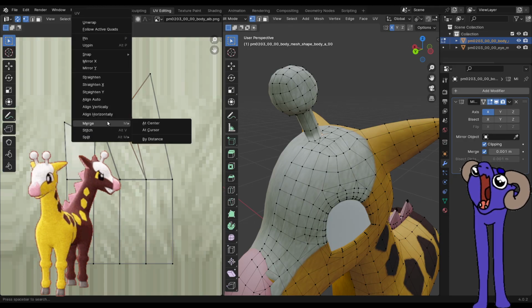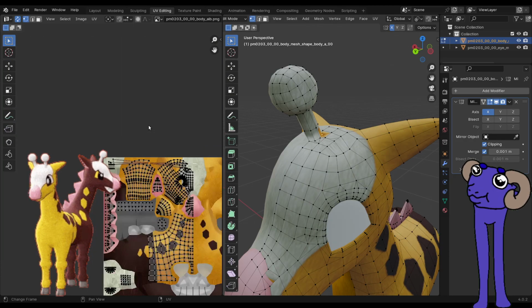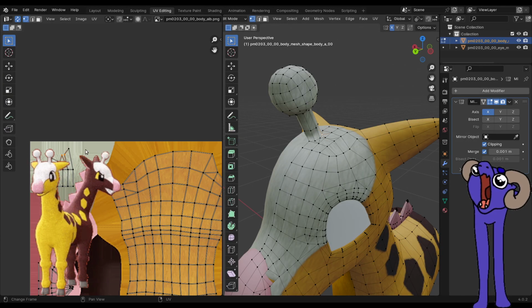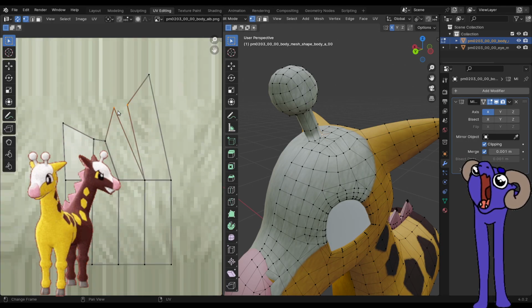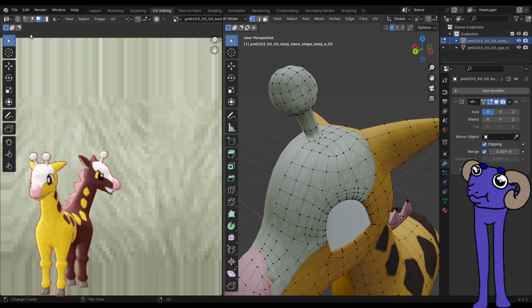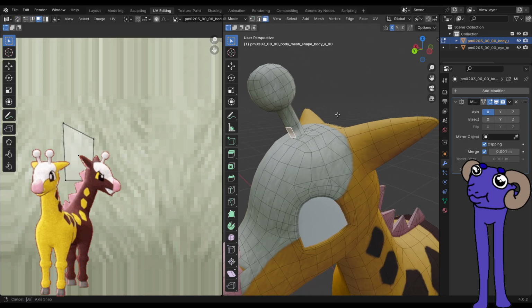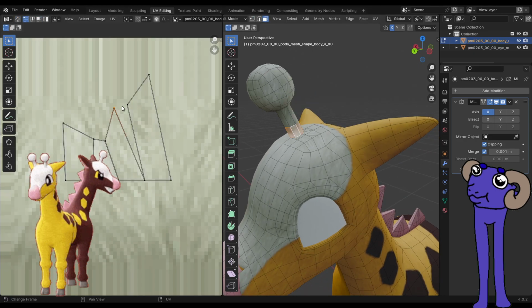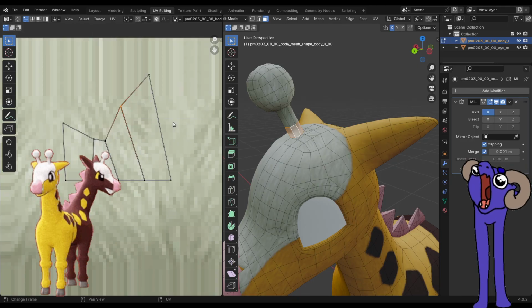Okay, so let's merge at center. Where did you merge to? No, no, no. Merge at center.